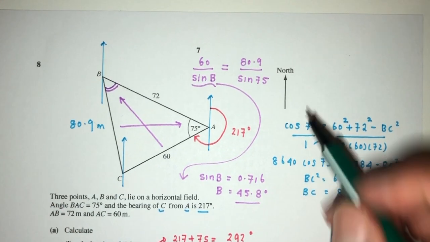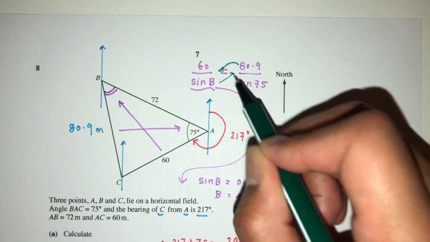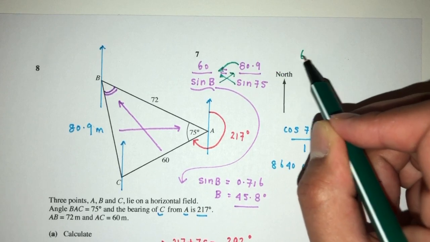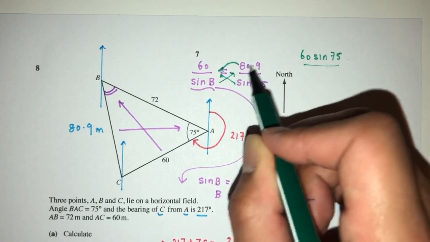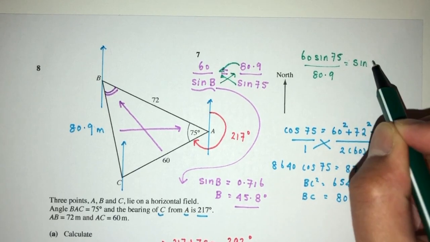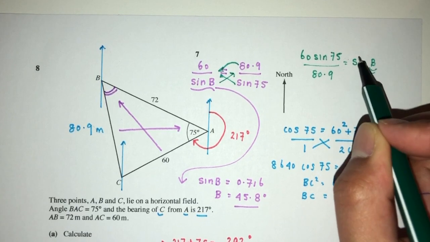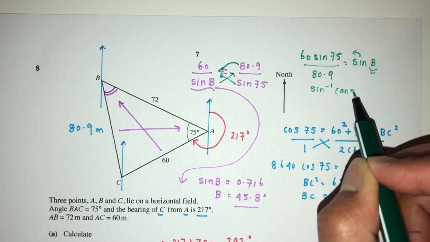Now again, just to explain, to make this the subject, we send this up and we send this down and we send this on this side. That will become 60 sine of this. Send this down, that will become 80.9, and that will become sine of B. Now we have to find B, so send this over here, it becomes sine inverse of the answer, right?